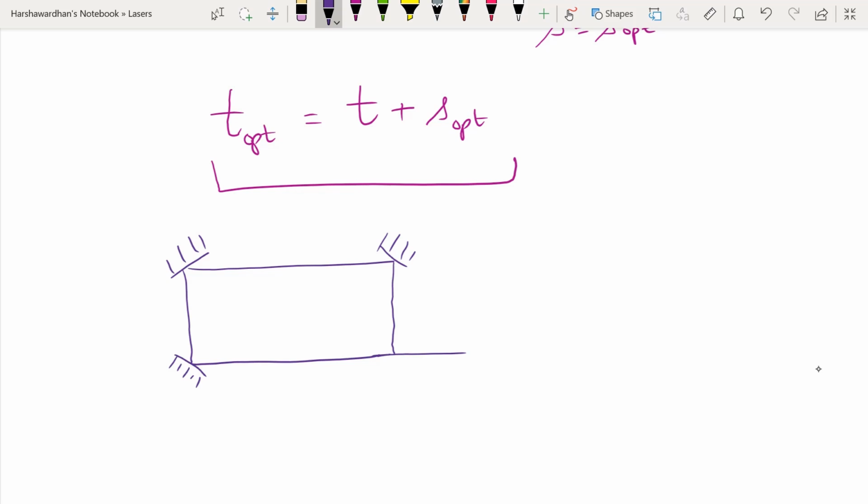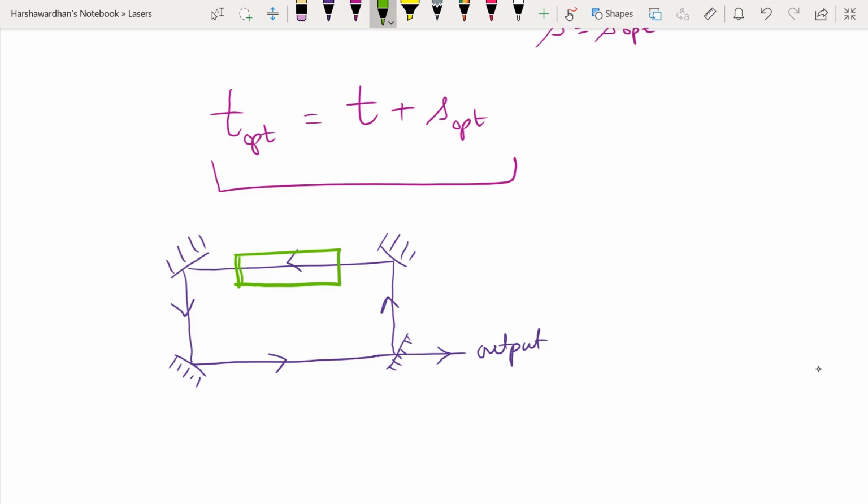This becomes my output mirror, and the light in my cavity is moving in a unidirectional fashion, and this is my output. Such a cavity, wherein the gain medium is in one of the arms, is going to have a traveling wave kind of field within the gain medium. Hence, this will overcome the notions of spatial hole burning.